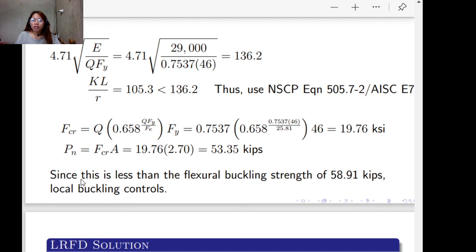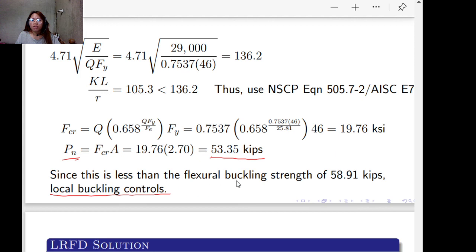As you notice, since this is less than the flexural buckling strength or the global buckling strength of 58.91 kips, meaning the local buckling controls, no? This is the nominal strength, right? Meaning this is the strength or load that can be carried, it should not exceed.